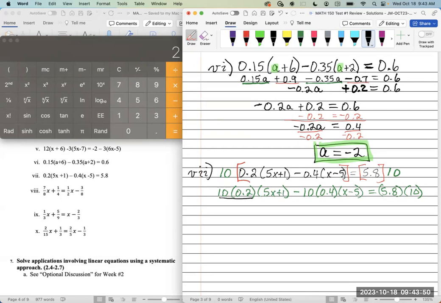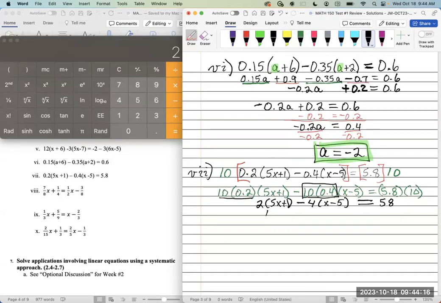So I'll multiply those two numbers first, and I will get 2 times the quantity 5x plus 1 minus, and I'll multiply these two first, and I will have 4, and then I still have to multiply that by the x minus 5, and then 5.8 times 10 is 58. No longer have any decimals.